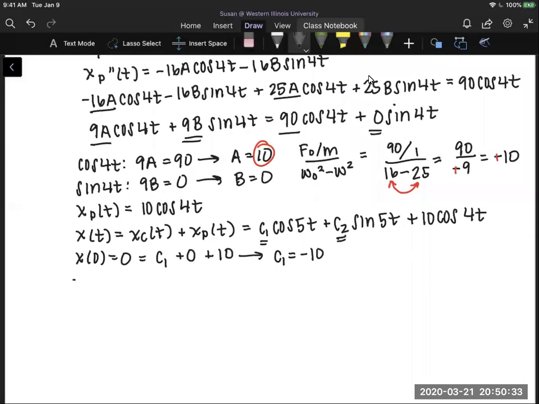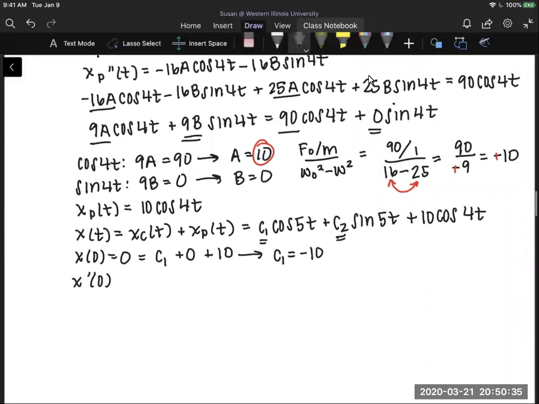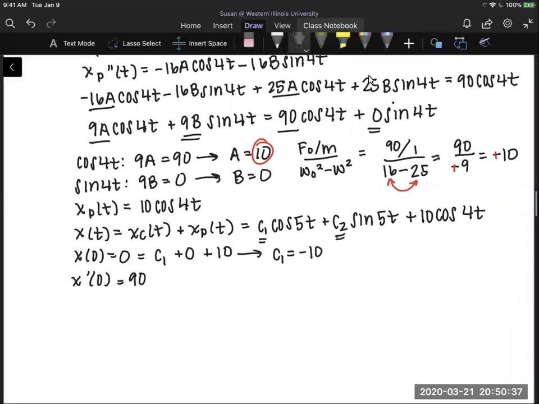Now, the second initial condition was that the derivative at 0 equals 90. So let's go ahead and compute the derivative. That is, chain rule here. That's going to be a negative 5 C1 sine 5t plus 5 C2 cosine 5t minus 40 cosine 4t.